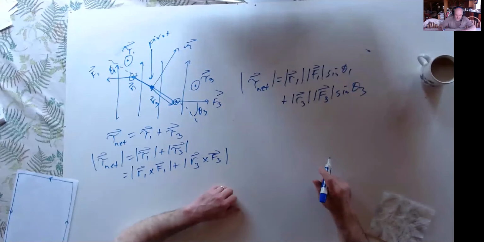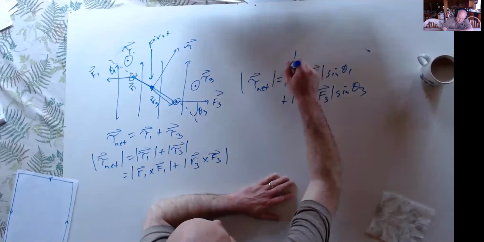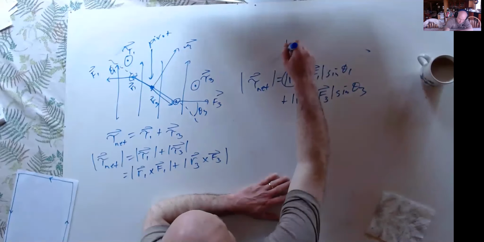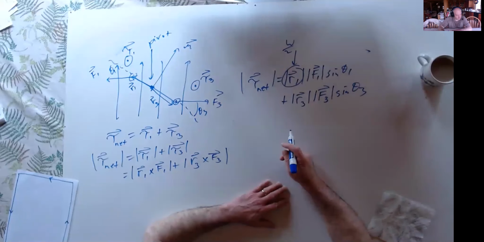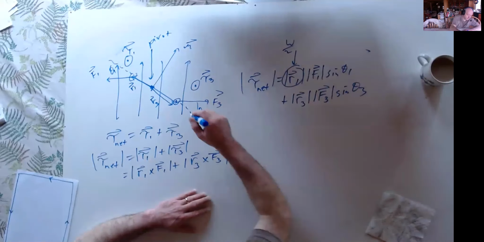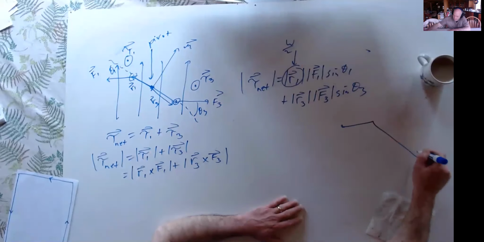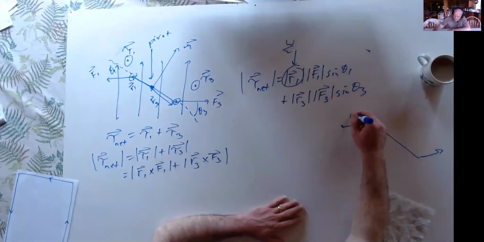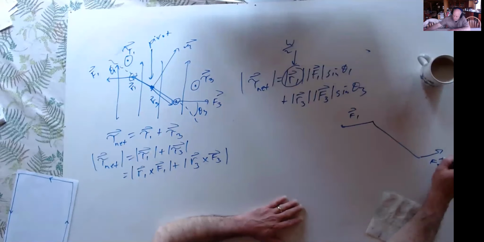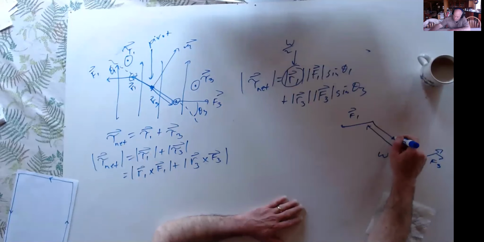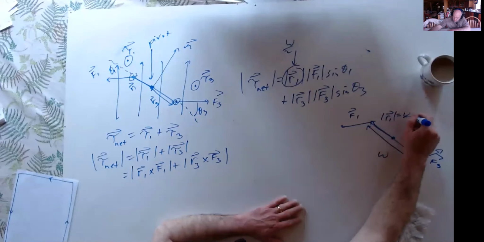Well, what do we know about this? Well, this R1 is W over 2, because we're calling this whole length here W. Remember in our picture here, this whole length here was W. So if you look at this R here, this magnitude of R1 is W over 2.